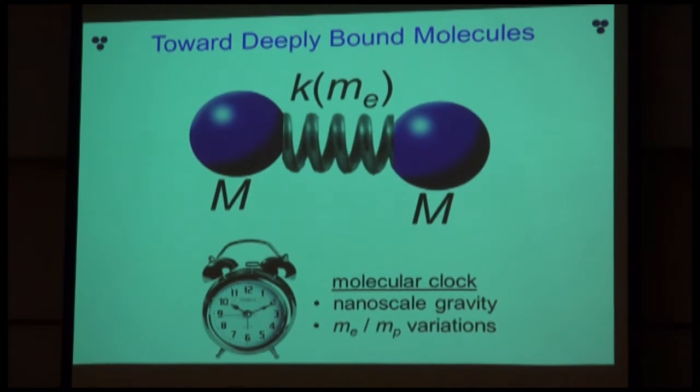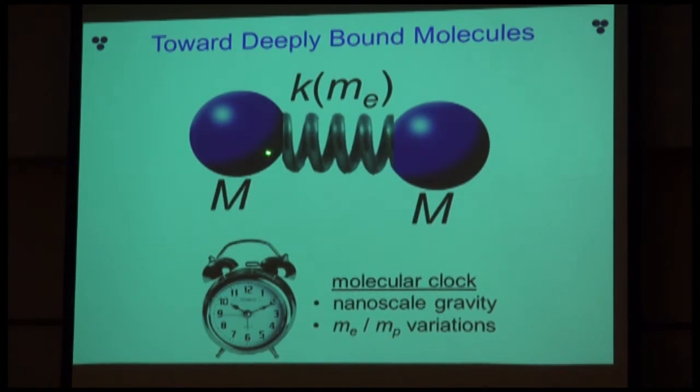So if you think of a diatomic strontium-2 molecule in the ground state, you can think of it as 2 fairly massive balls in a spring, because strontium-88 is a heavy atom. The spring constant, of course, depends on the mass of the electron, because it's given by the electron-electron interactions predominantly. So this molecule is sensitive to 2 interesting effects.